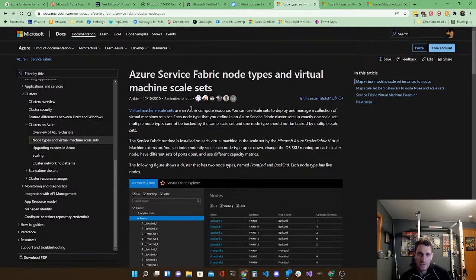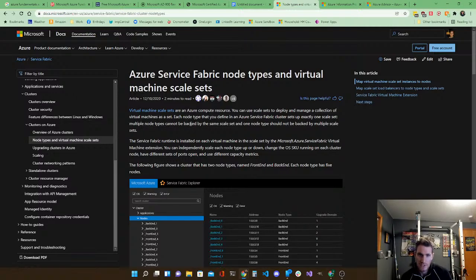Node types in virtual machine scale sets. Okay, so you can use scale sets to deploy and manage a collection of machines as a set. Each node type that you define in an Azure Service Fabric cluster sets up exactly one scale set. Okay, so I think that's running on a collection of virtual machines.